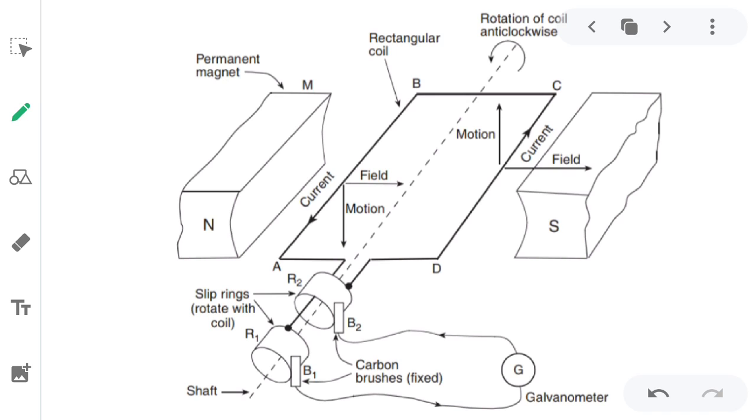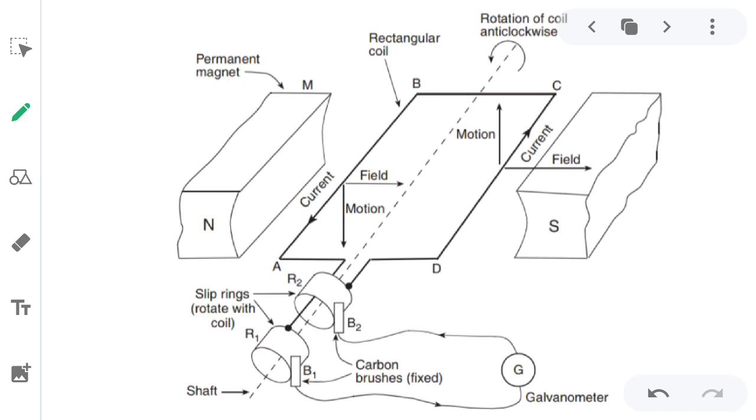Now AB will cut the magnetic field of the south pole and CD will cut the magnetic field of the north pole. In that case, the direction of current will change and it will become from A to B and C to D. Okay, so that is how we can see that after every half revolution the current will change its direction.